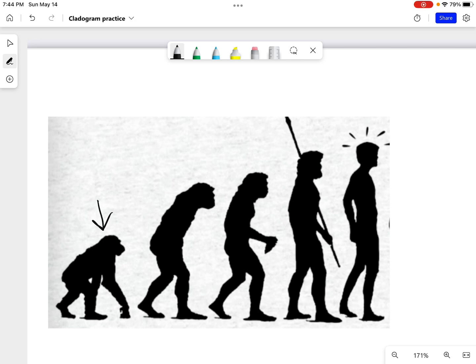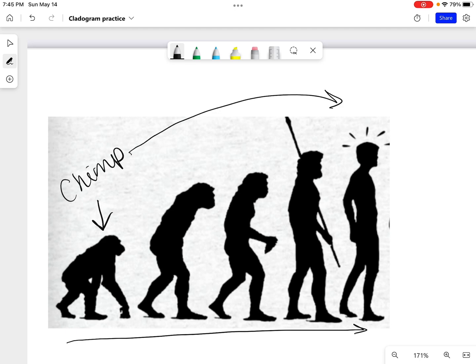This species that we have represented at the beginning is a chimpanzee. I'm going to abbreviate it chimp. The way that this picture makes it look like they're all walking forward, evolving forward, and this chimp is turning by the end of this picture into a human.